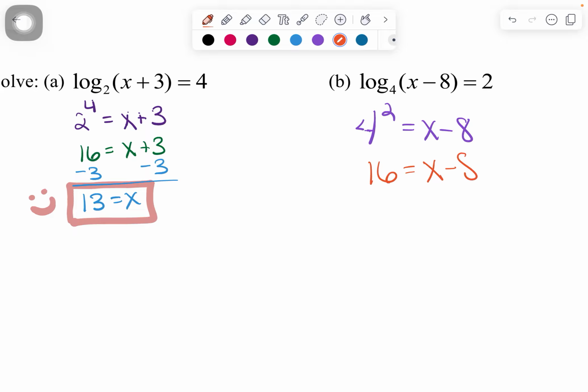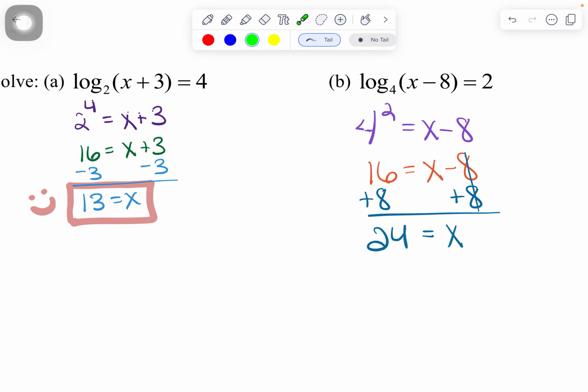This is equal to x minus 8. If I then want to solve for x, I'm going to add 8 to both sides. So x is equal to 24. And again, quick double check. Take 24, pop it back up in here. And yeah, 24 minus 8 is still a positive number. So that's awesome. I like my answer.